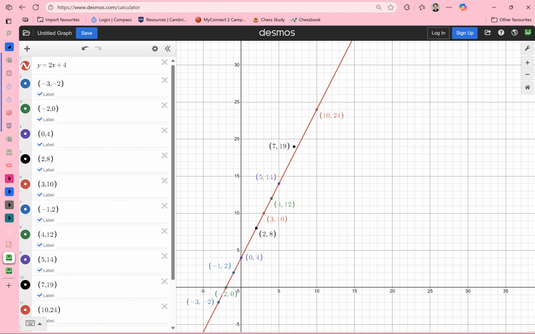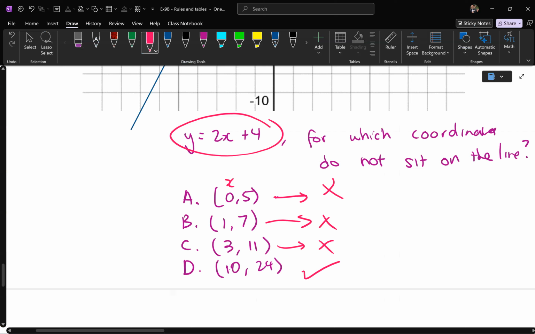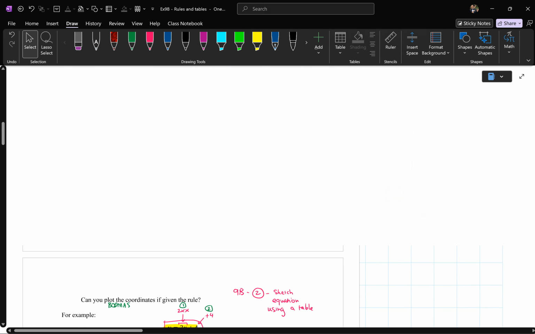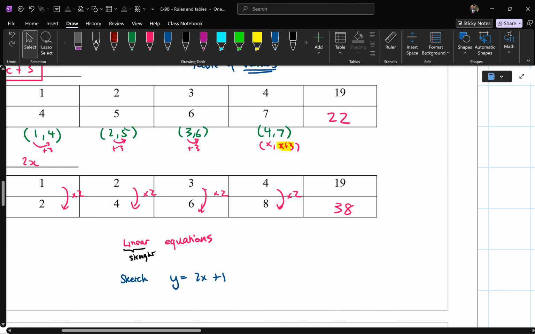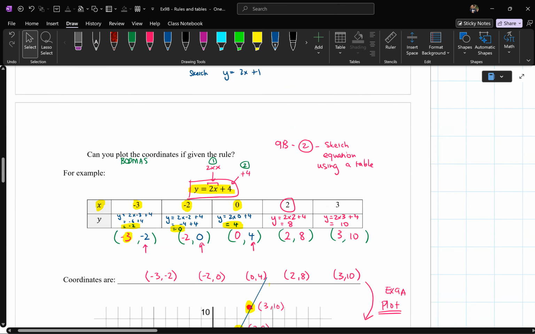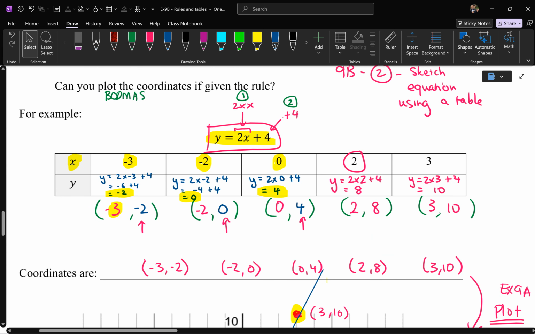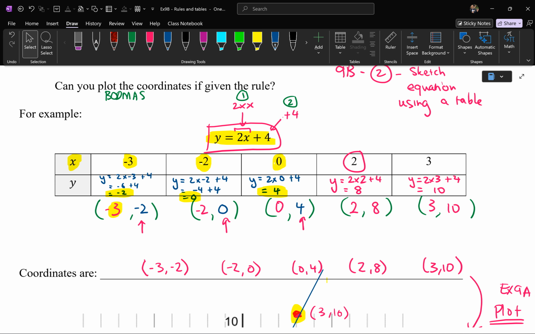Work on 9B, two skills. Skill number 1, I want you to be able to figure out a pattern, figure out a rule. Skill number 2 is the main one. Use the rule and the table to help you sketch. Because at the moment, most students cannot connect an equation and a graph. There's a disconnection between the two.